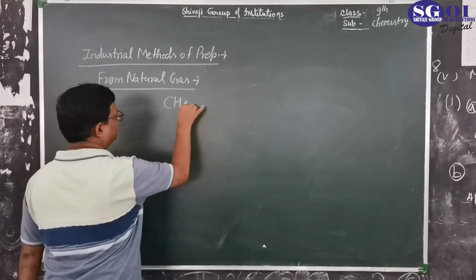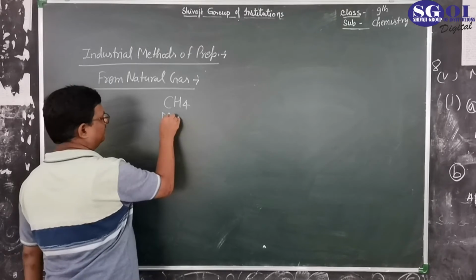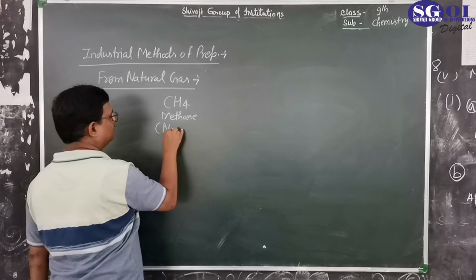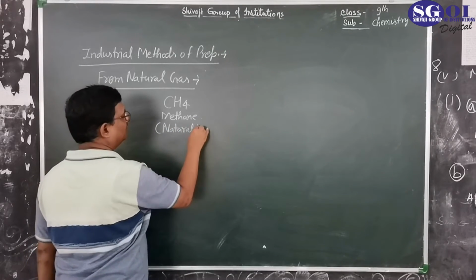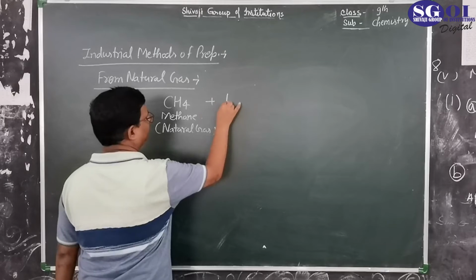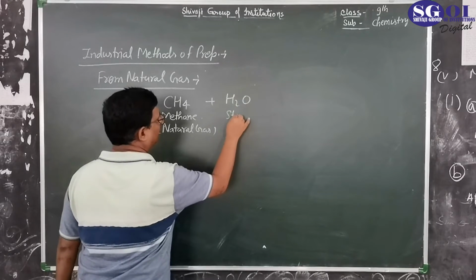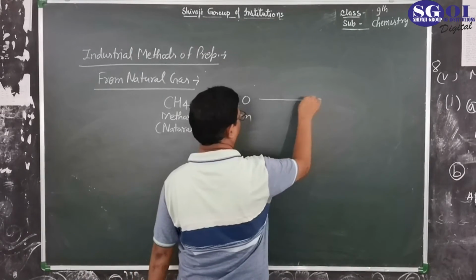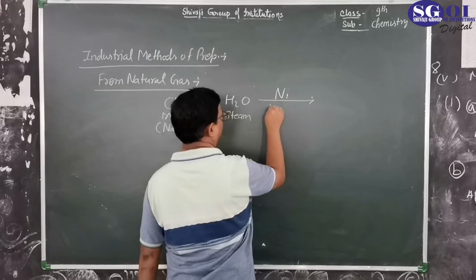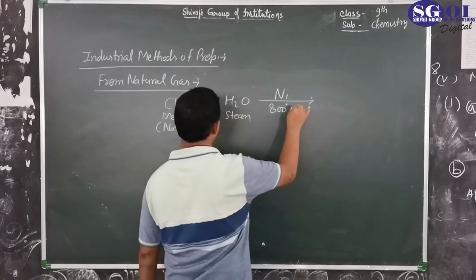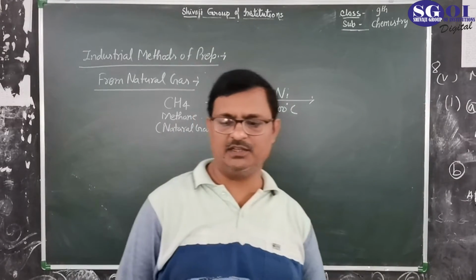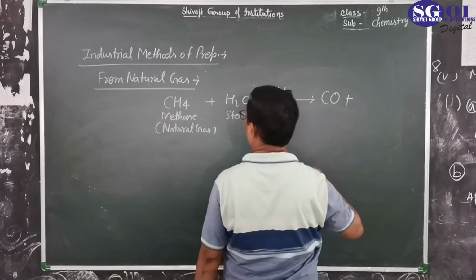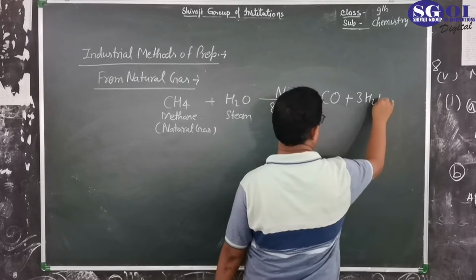Methane comes from natural gas. Natural gas reacts with steam, again the gaseous form of water, passed over a nickel catalyst at 800 degrees centigrade temperature. This reaction forms carbon monoxide and hydrogen gas.